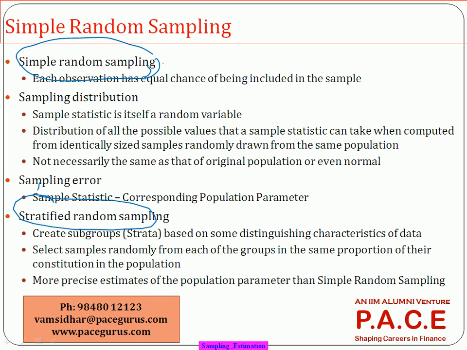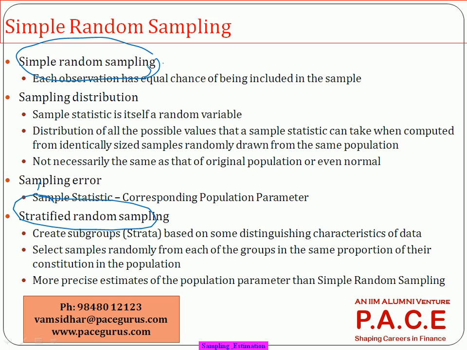If youngsters are 80% of the overall population and oldies are 20%, then your sample should also be picked in that same manner. Out of the 1,000 you would like to pick, divide them into older generation and younger generation, pick 800 here, 200 here.